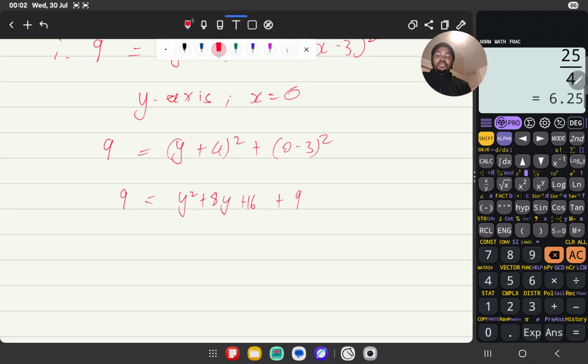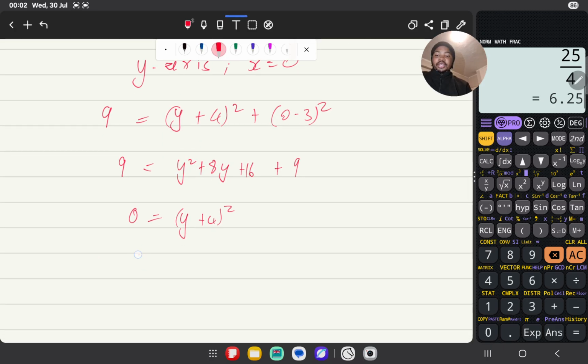These two 9s are going to cancel each other. So you have 0 equals y plus 4 squared. In fact, it seems we didn't have to expand this, because once these two are gone, you have this, which when you factorize it gets you to that, which says therefore y is going to be minus 4.